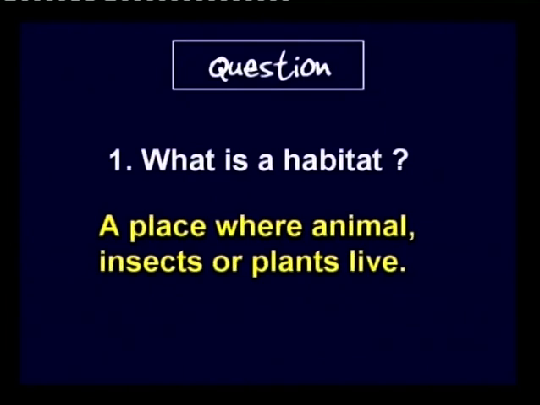But if you have books, you can find a more detailed meaning of habitat. Okay, the last question I would like to ask you. When we say population, what do we mean by population?